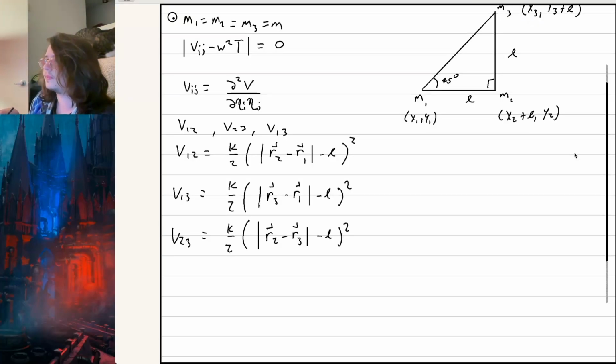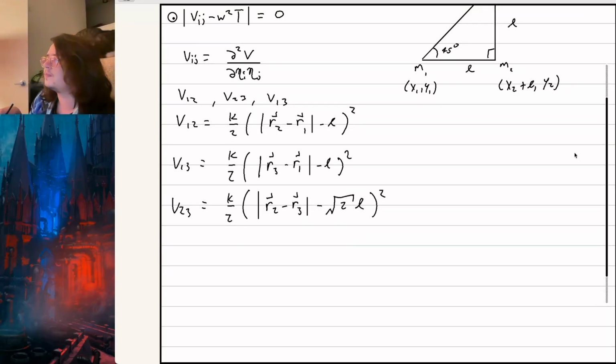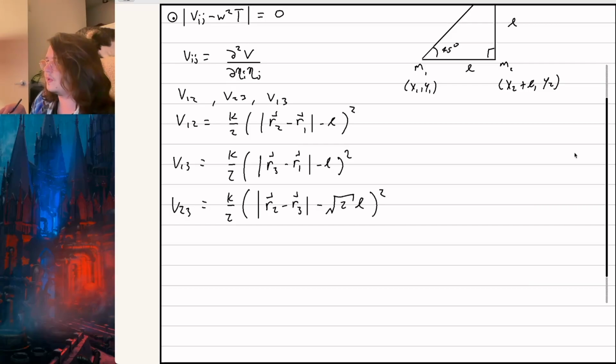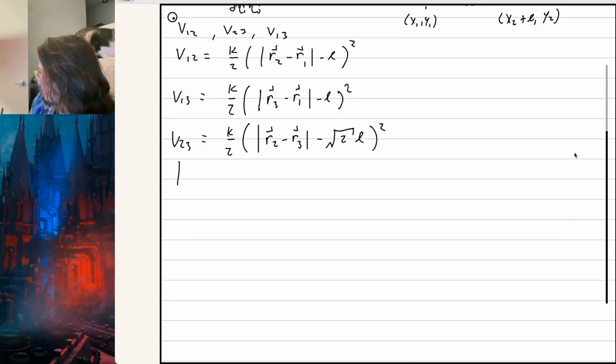Ooh, I almost made a mistake. It's not the same for V23. Use the Pythagorean theorem to see that the length of that particular spring is the square root of 2 times L. Nice. Okay, let's start expanding these magnitudes.